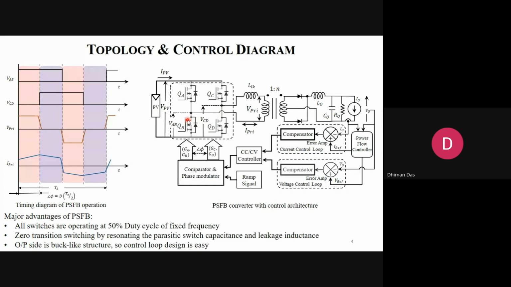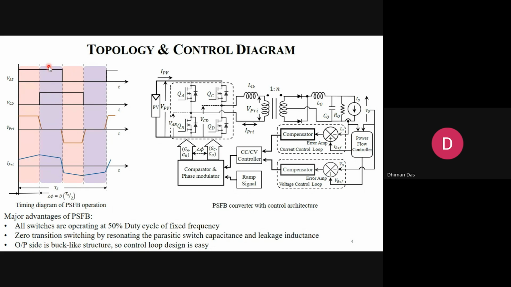Now if you shift one leg, say VCD, with a certain angle, then the common voltage will cancel each other because both are positive.